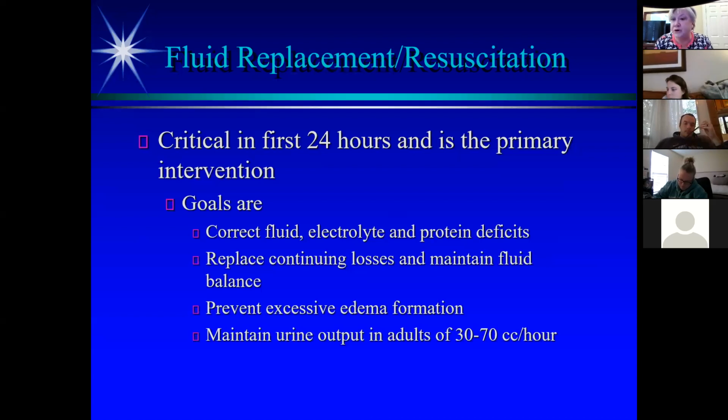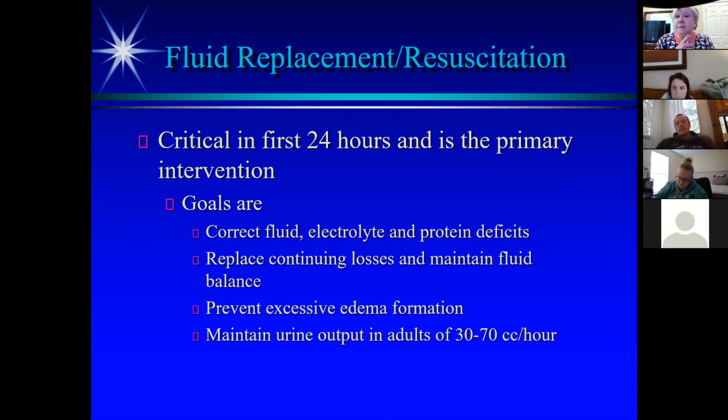Minimum urine output is 30, normal urine output is 60 mLs per hour for an adult. So I want to keep my urine output between 30 and 70 mLs per hour. I prefer about 60. As long as my patient is having normal to normalish urine output, I know they have adequate circulating blood volume.